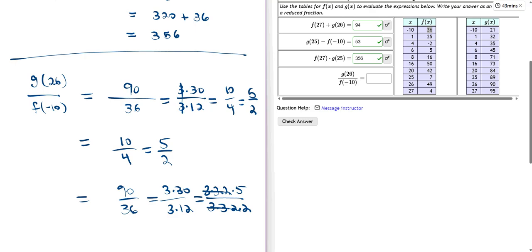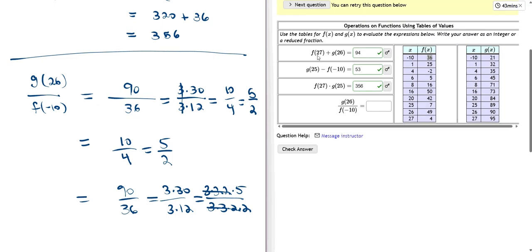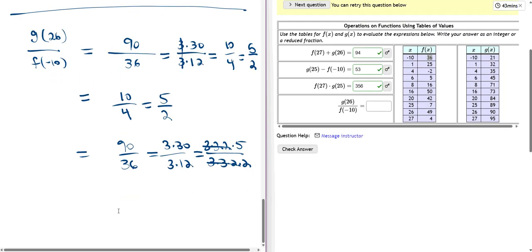Also, if you know how to use your calculator well, there should be a way to transition between decimals and fractions on there. So 5 halves. Well, also 2 goes into 5 twice evenly, and 2 times 2 is 4, leaving a remainder of 1.